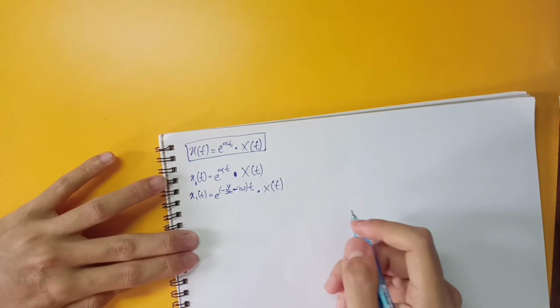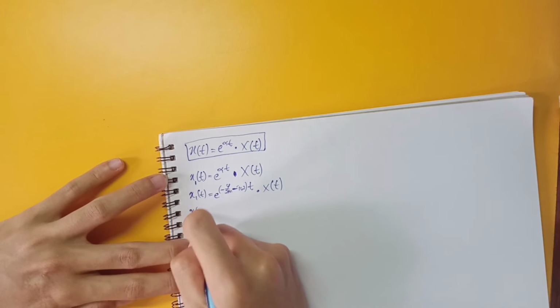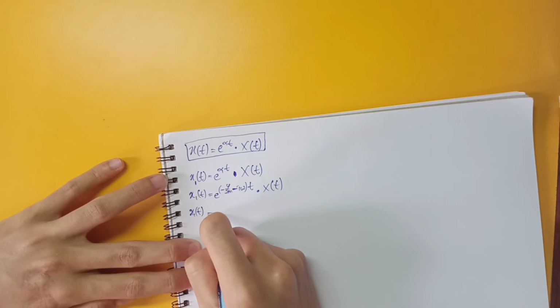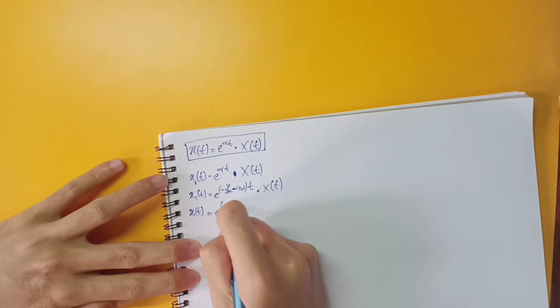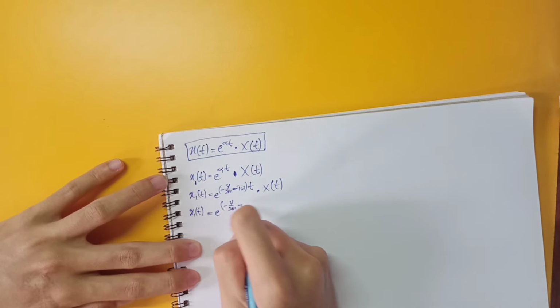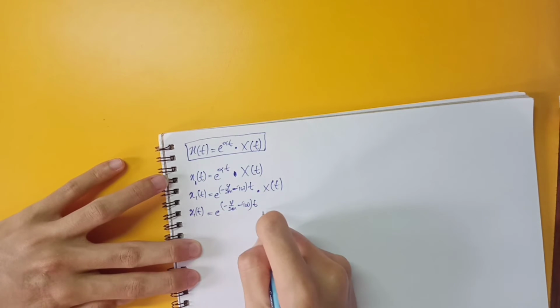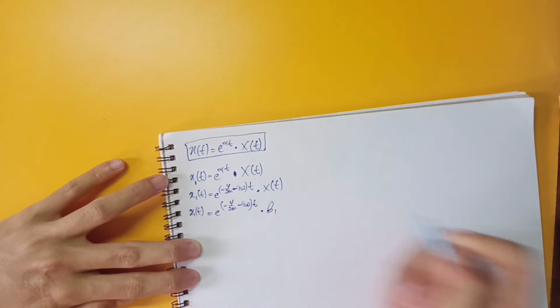So x(t) is a constant, so x1(t) is equal to exponential power of negative gamma over 2m minus i omega times t times e1.